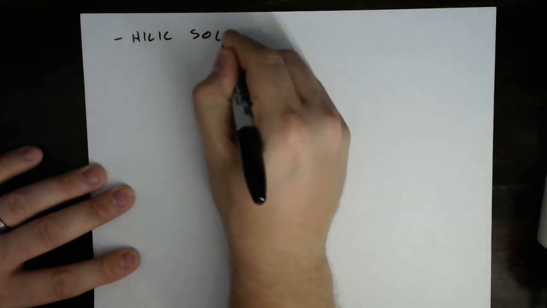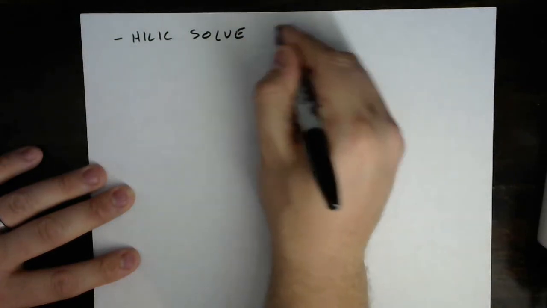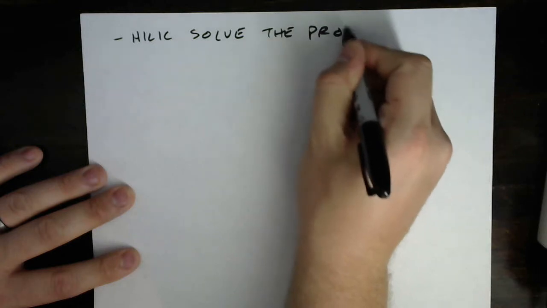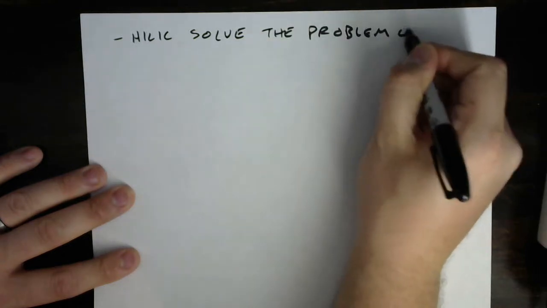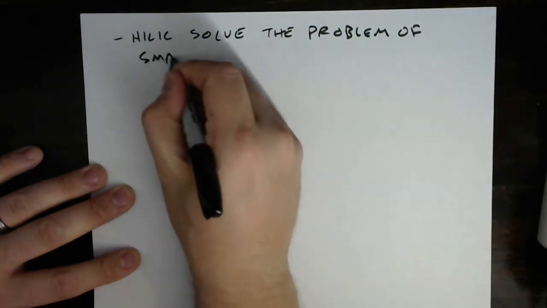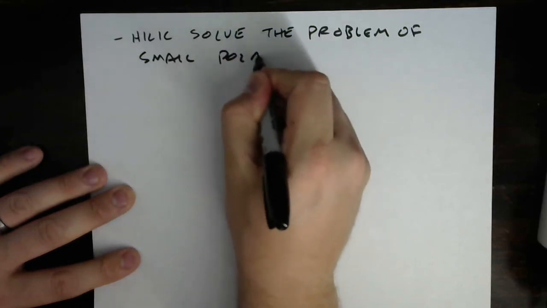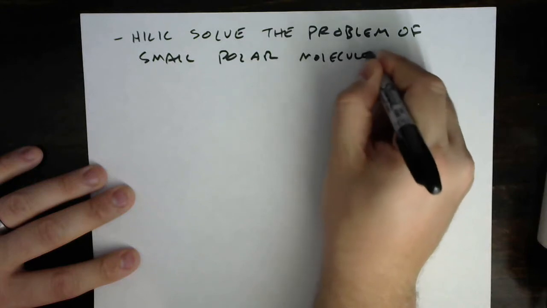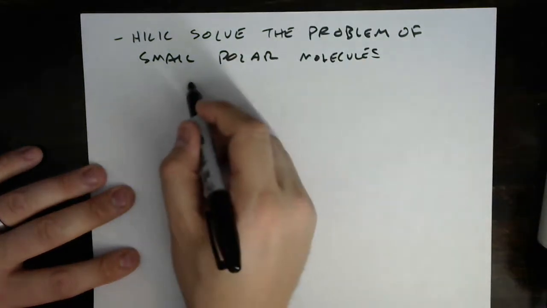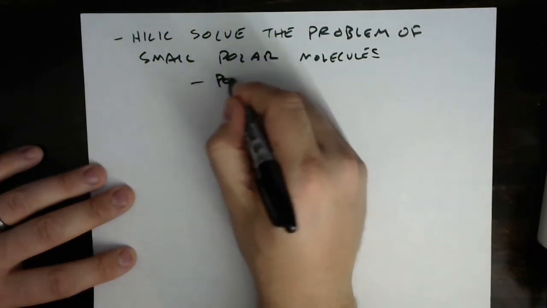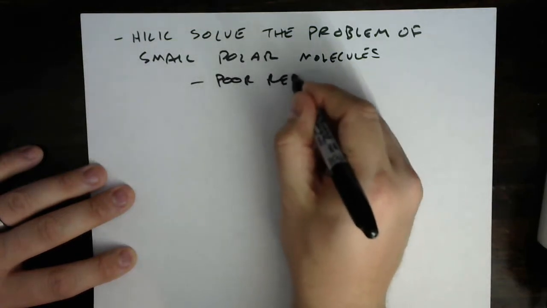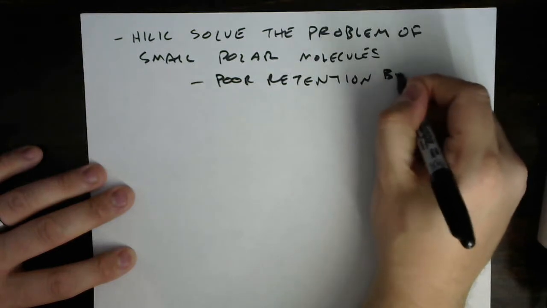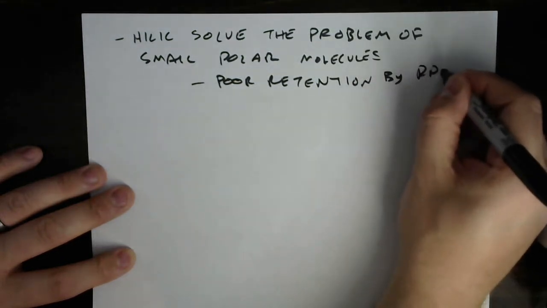HILIC is basically designed to solve the problem of small polar molecules. Okay, what is the problem with small polar molecules? Well, we see poor retention of these things by reverse phase liquid chromatography.